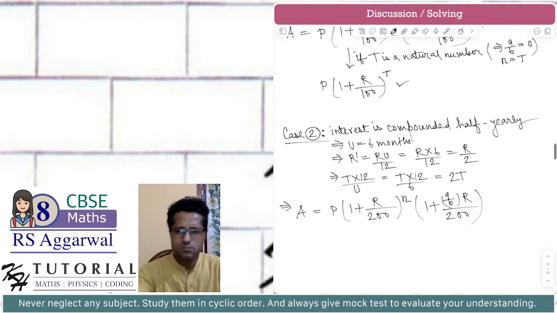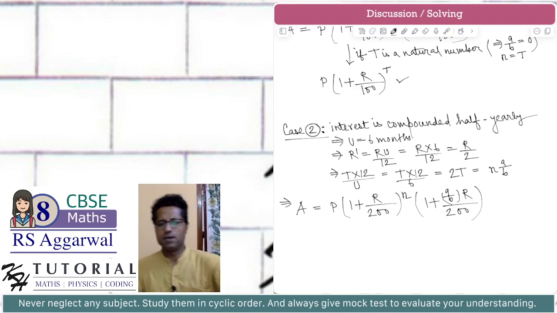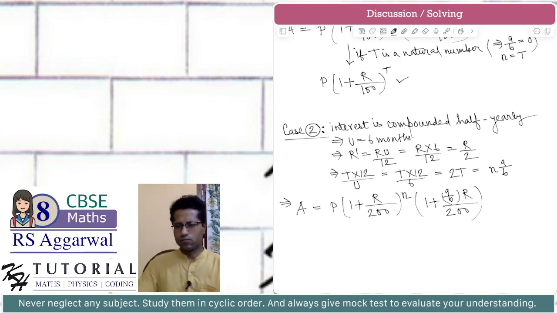Now this 2t you have to express as n and a by b, as a mixed fraction, and from 2t you can easily find out what n is and what a by b is, and hence you can apply this formula.